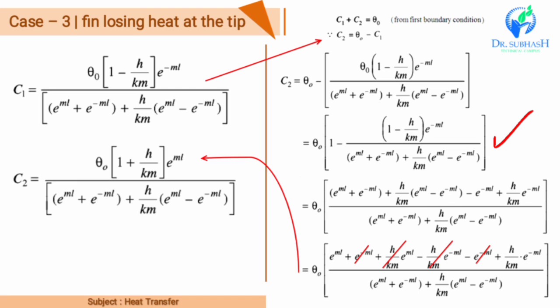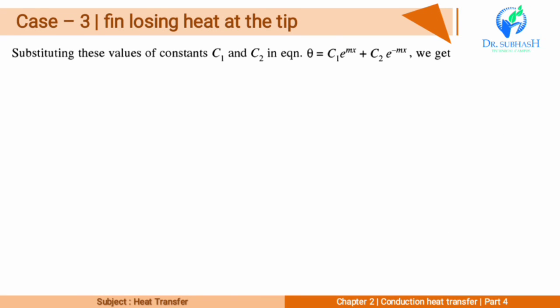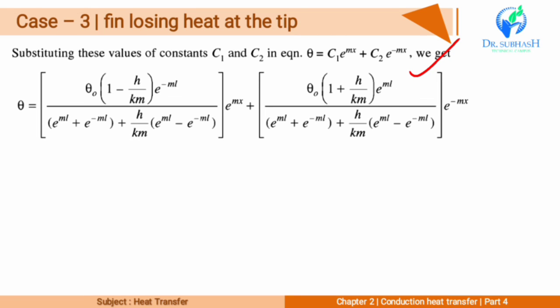raised to minus ml. Putting this value of constants C1 and C2 in this equation, theta is equal to C1 e raised to mx plus C2 e raised to minus mx, we get this term.